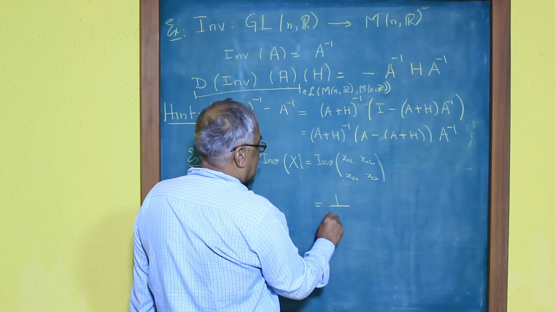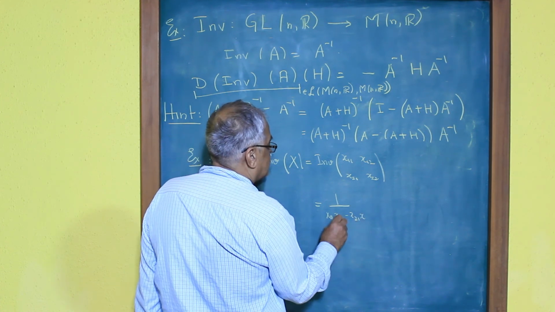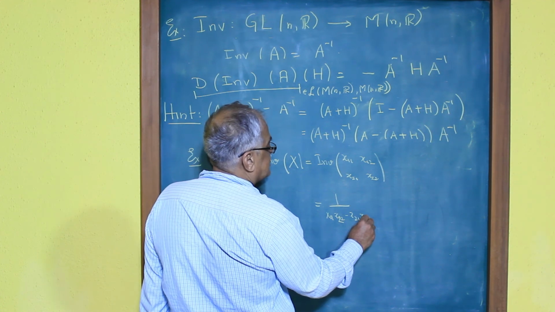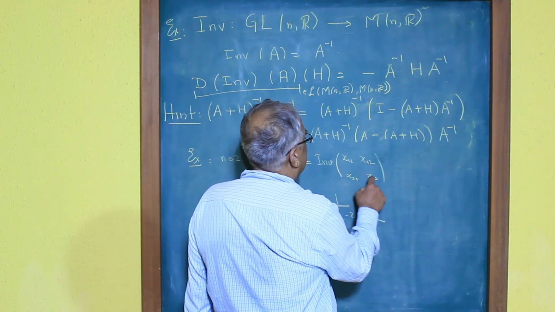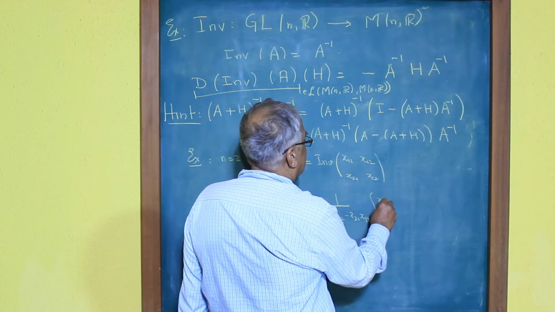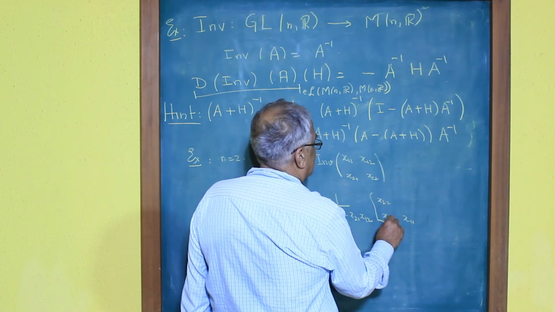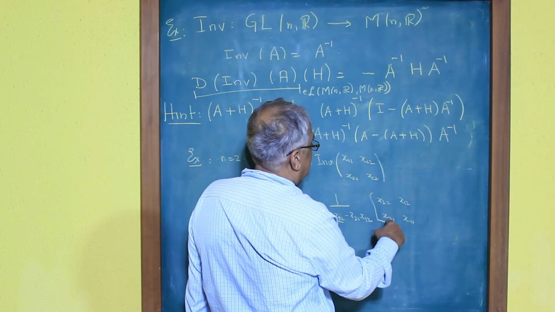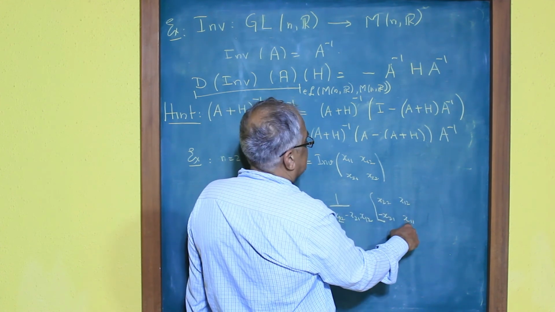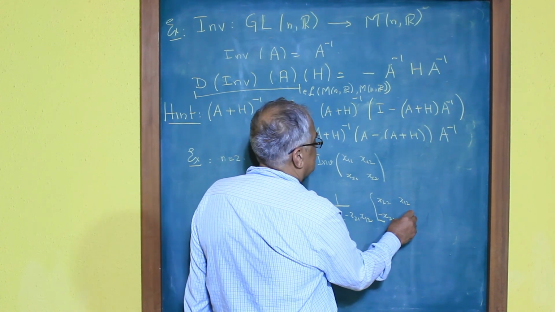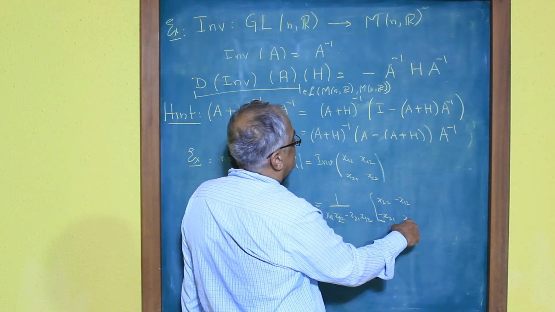It's equal to 1 over x11 x22 minus x21 x12 into its cofactors, which I think will be x22, minus x12, minus x21, x11, with the right signs. I think that's correct.